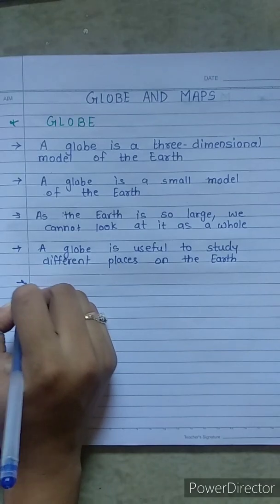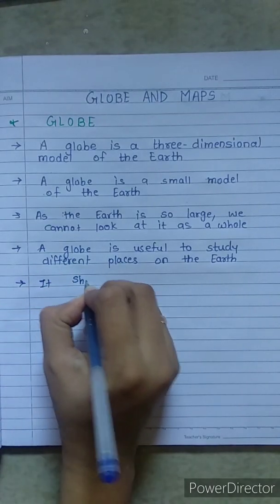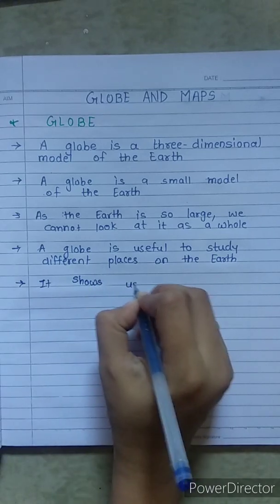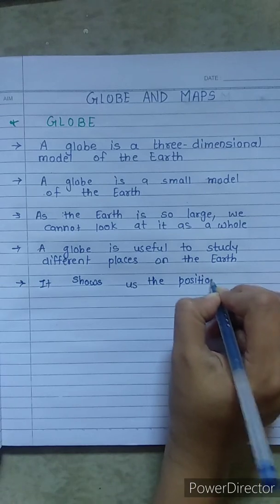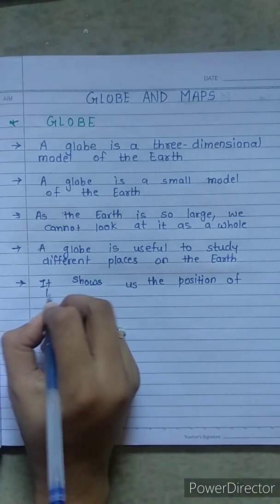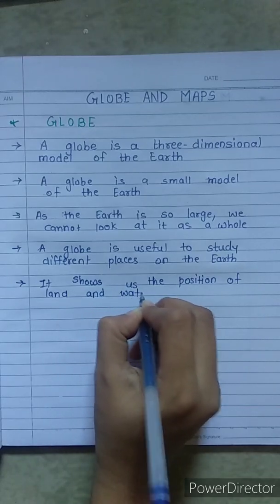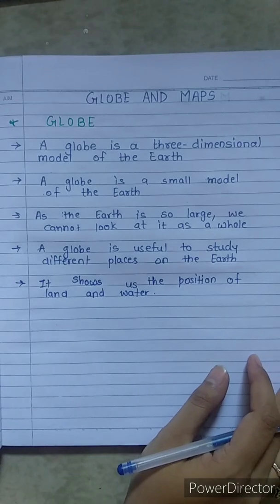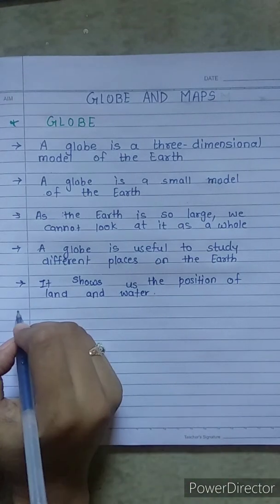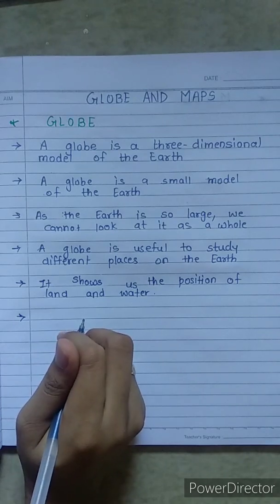Then next, it shows us the position of land and water. So how much portion is land and how much portion is water, that is shown in the globe.